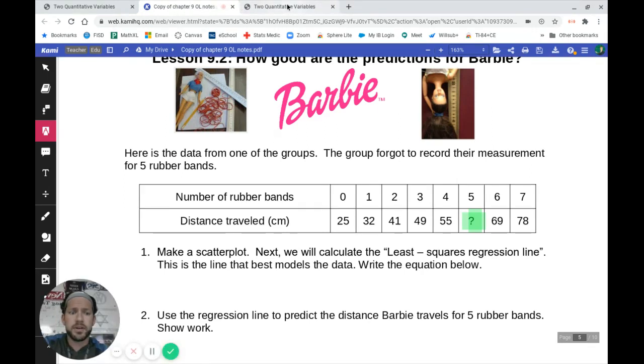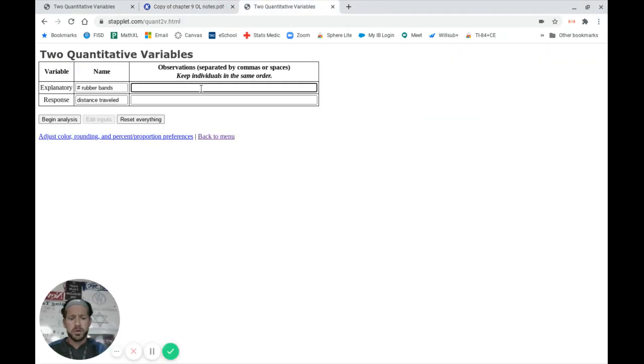And then we're going to use that data that we have over here. So 0, 1, 2, 3, 4, skip 5, 6, and 7. And the distance traveled, 25, 32, 41, 49, 55, 69, and 78.